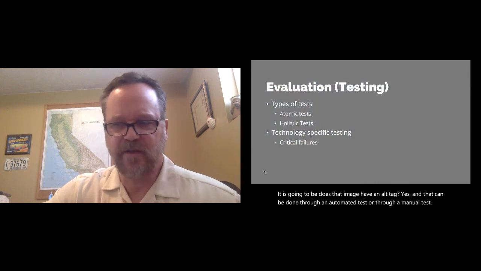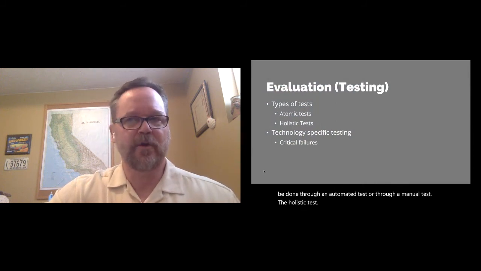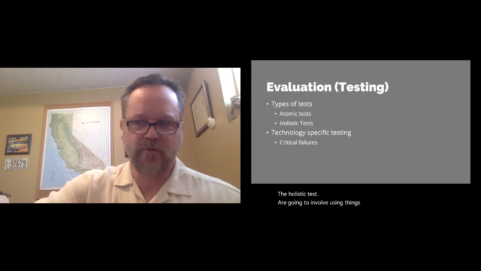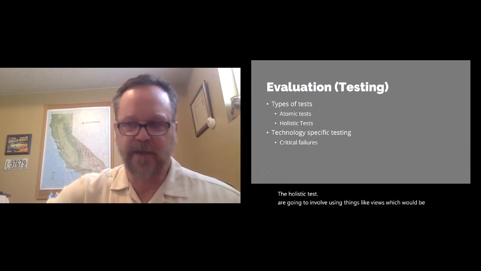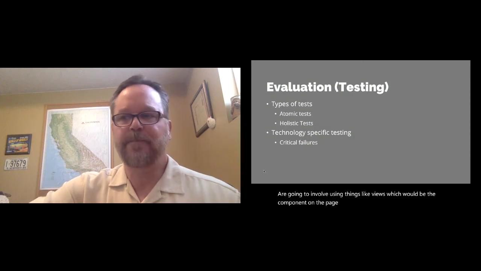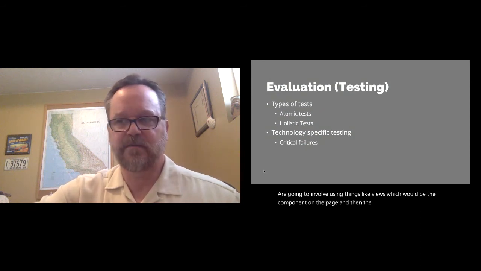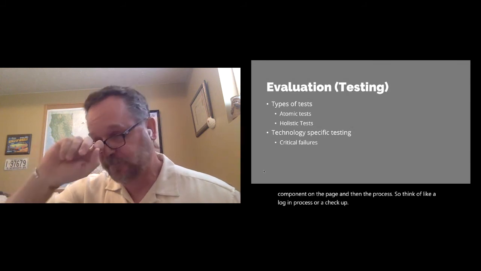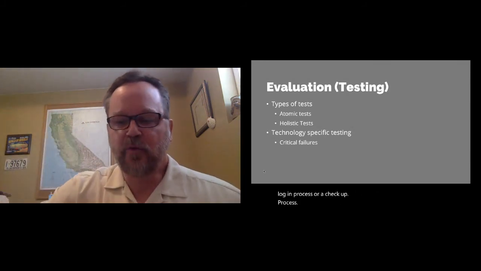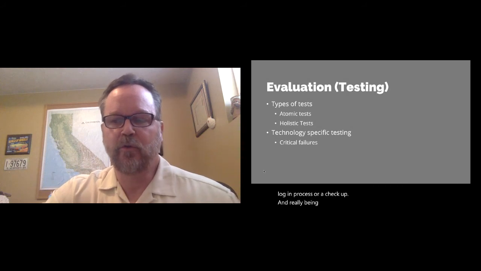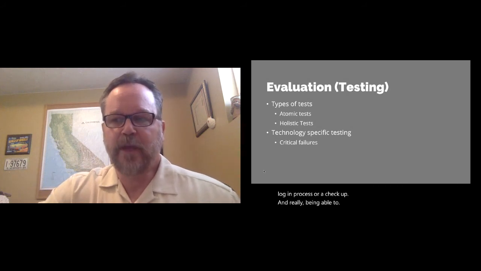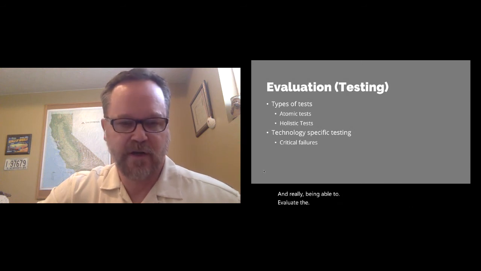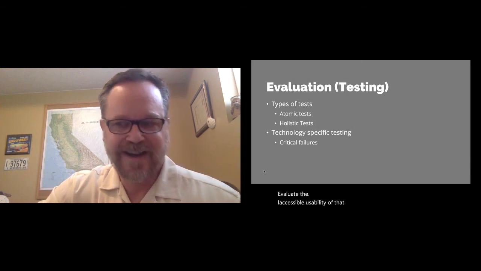The holistic tests are going to involve using things like views, which would be the component on the page, and then the process. So think of a login process or a checkout process, and really being able to evaluate the accessible usability of that process.